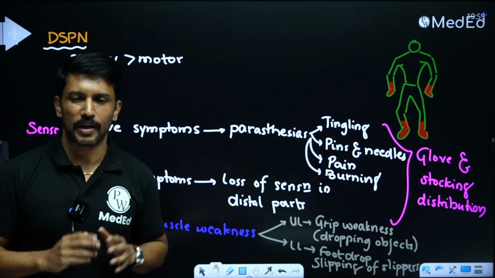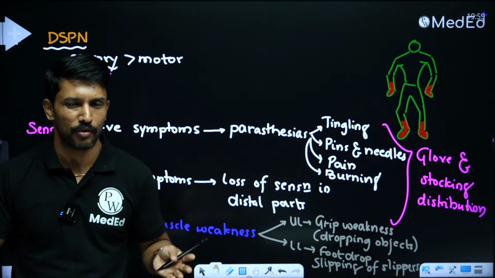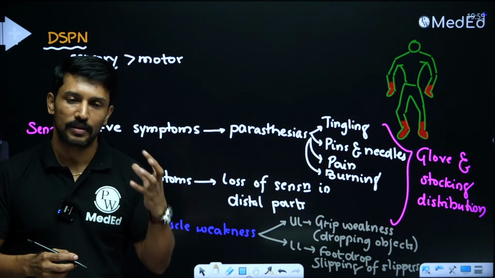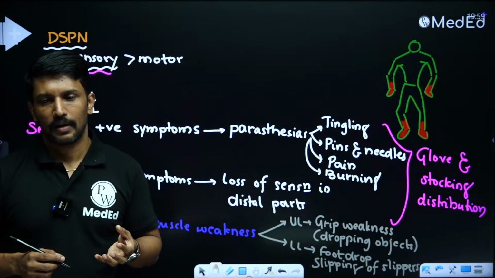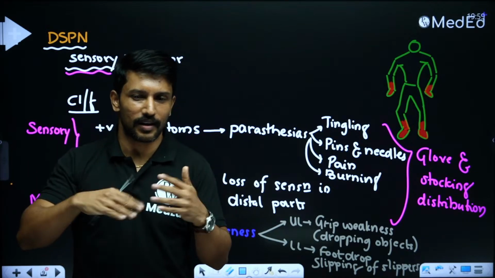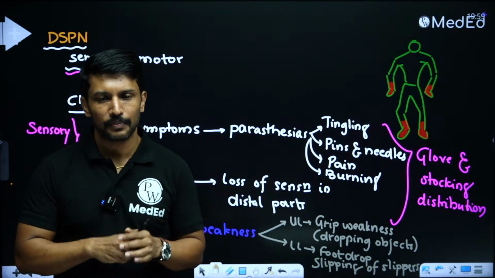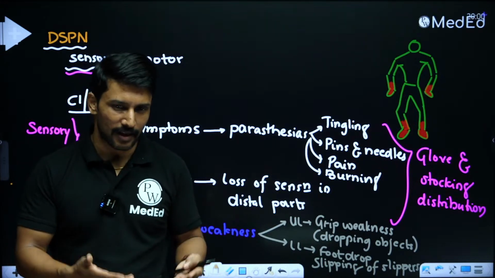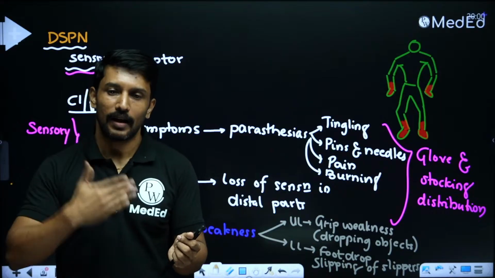One day that injury will get infected, and the infection will spread more rapidly because I am diabetic and my immunity is poor, and then I end up with a badly infected non-healing wound. On top of that, diabetes also causes atherosclerosis, so blood supply to that area is also reduced. Now I'm in a very bad situation: a wound that is not healing, reduced blood supply, and eventually I have to go for amputation.